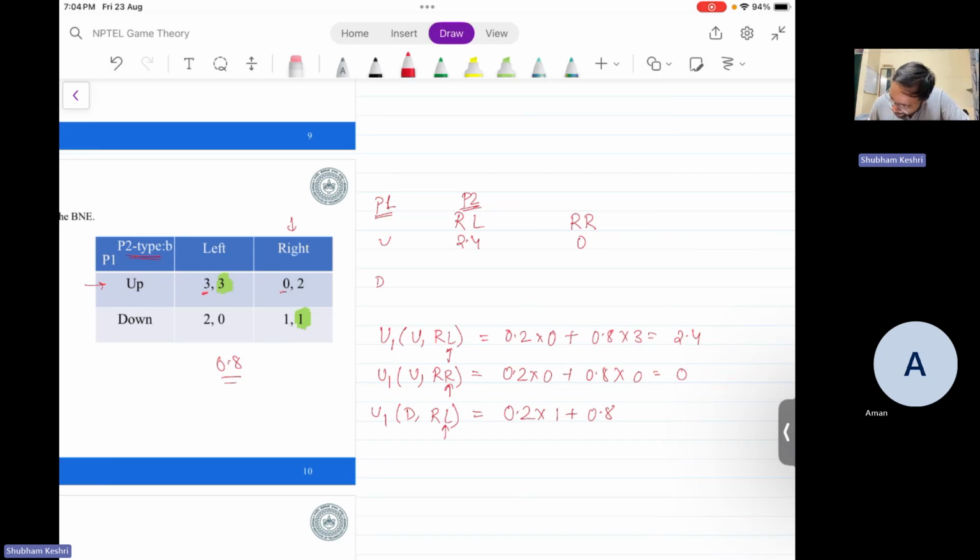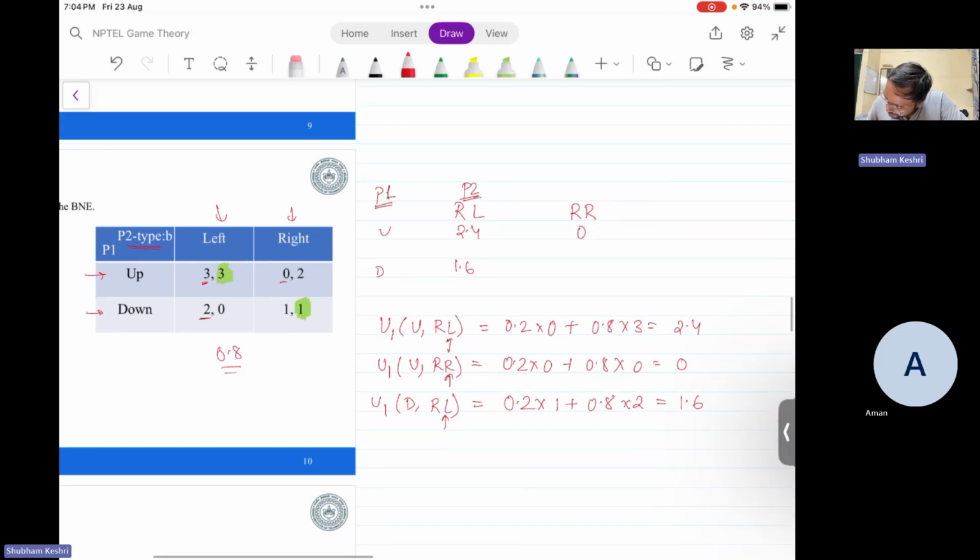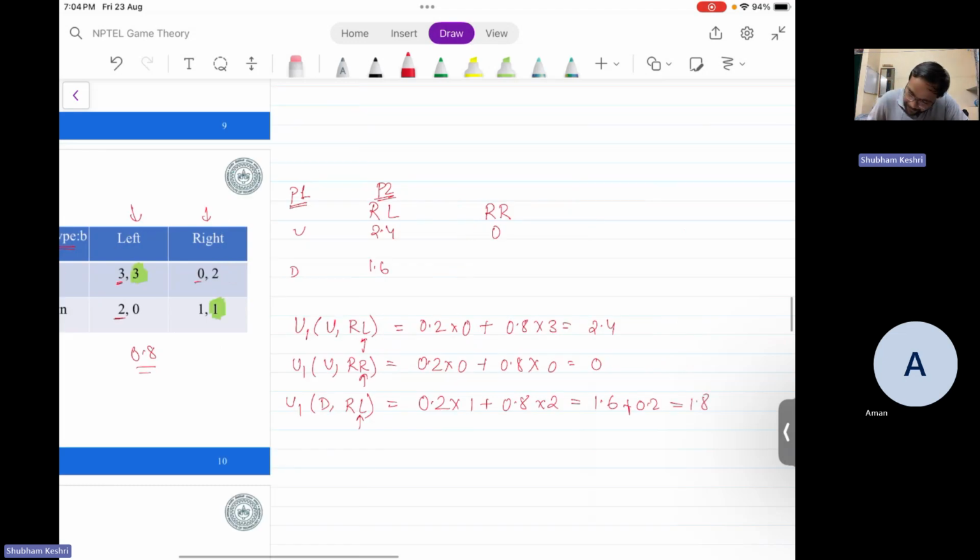Player 2B is playing left and player 1 is playing down, then the utility he is getting is 2. So 0.8 times 2 is 1.6, plus 0.2, which will be 1.8. So this is not 1.6, it is 1.8.